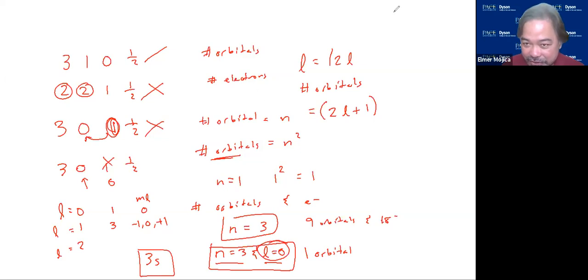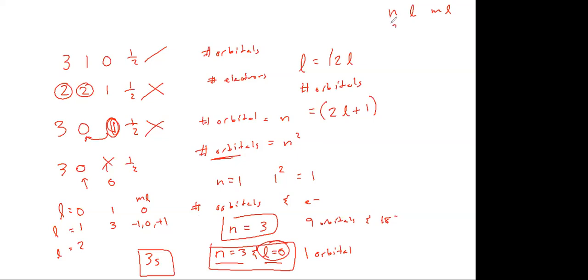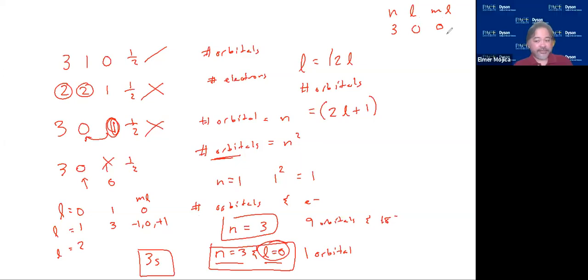You're given n, L, and m sub L. So what are the correct quantum numbers if you have a 3s orbital? n is equal to 3. L is equal to 0. And m sub L is equal to 0. Those are the questions that are being asked.